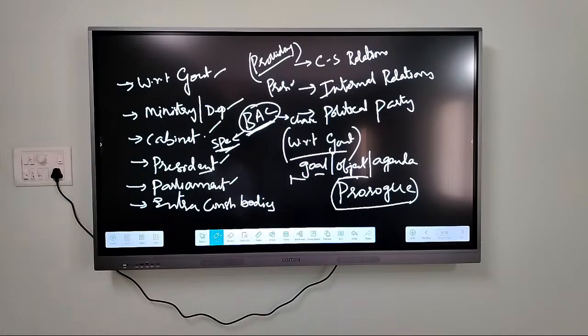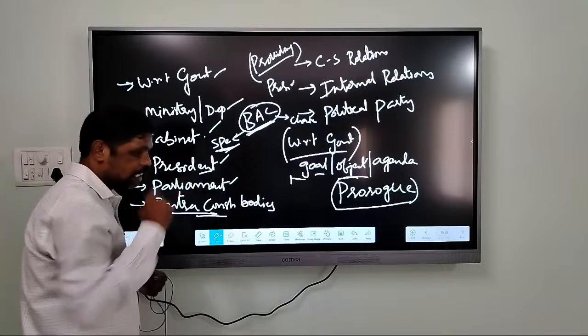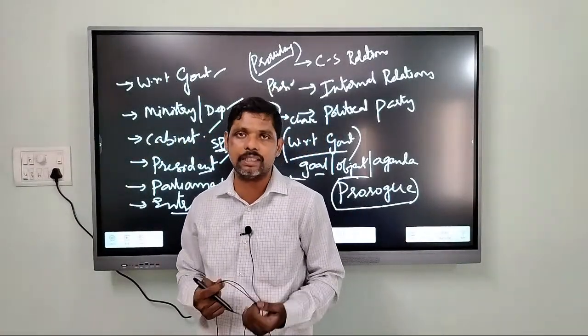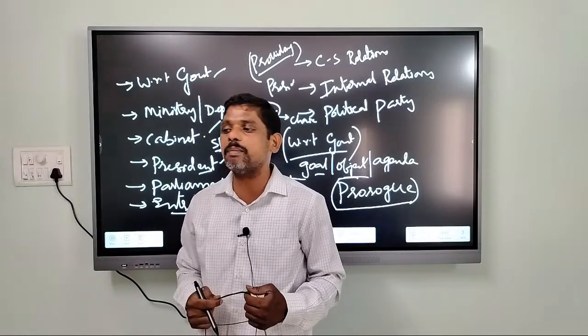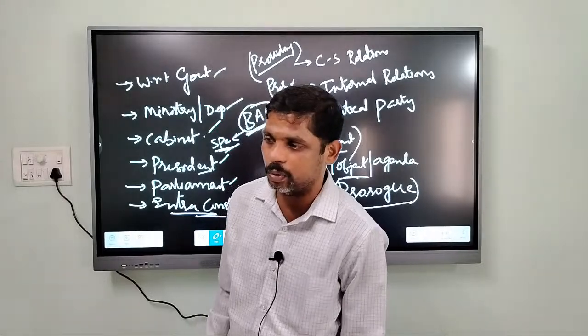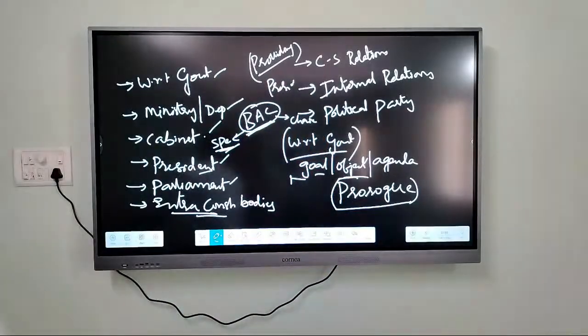Coming to extra constitutional bodies, say for example Niti Aayog. Niti Aayog is an extra constitutional body. So who is the chairperson of Niti Aayog? It is the Prime Minister.